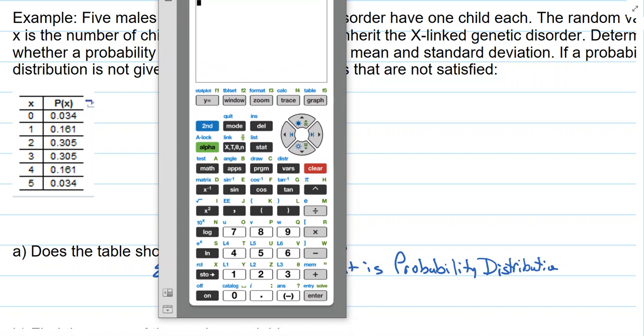I'm going to add the P of X: decimal 034 plus decimal 161 plus decimal 305 plus decimal 305 plus decimal 161 plus decimal 034, and hit total. And I get 1.